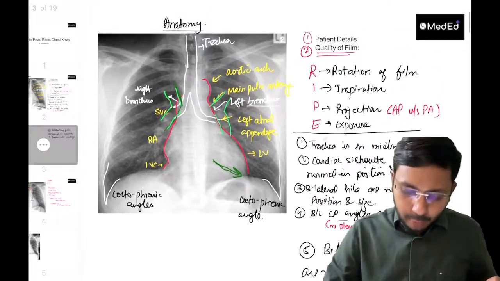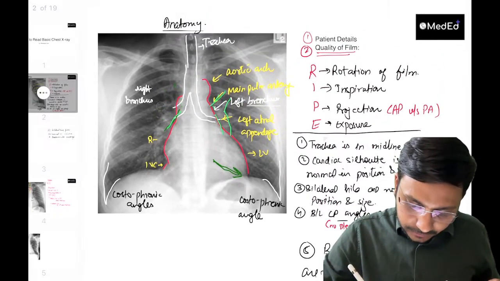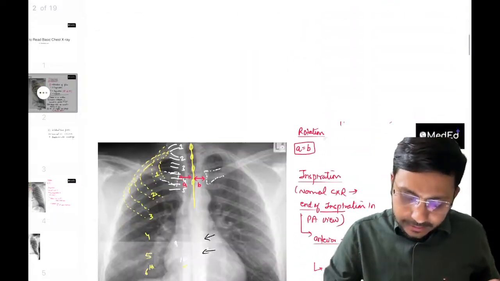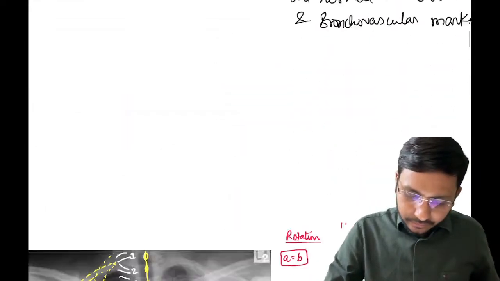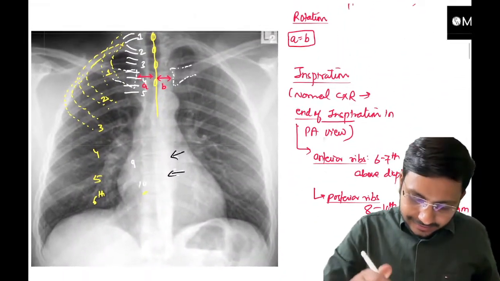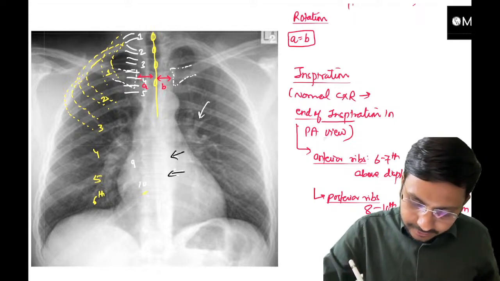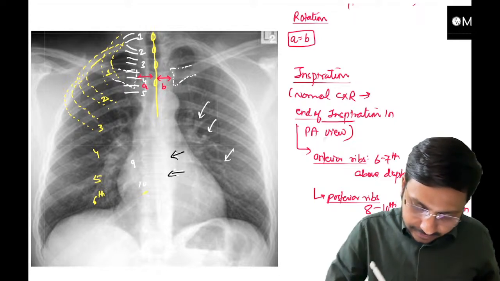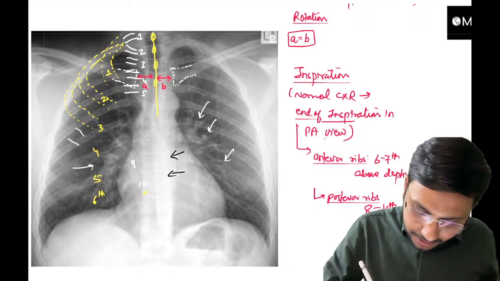Now, what do I mean by bronchovascular markings? Let's see in this X-ray. Can you see on this X-ray, there are multiple vessels. This is a vessel, this is a vessel, this is a big vessel, and multiple small markings are there.